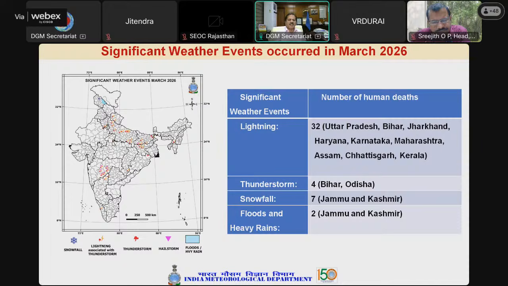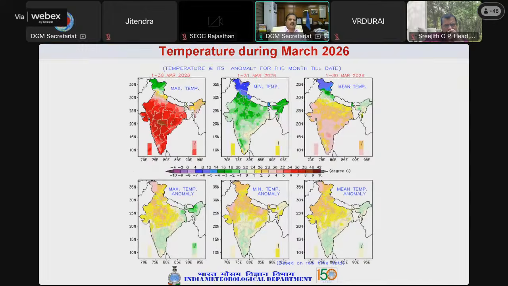And there was snowfall activity in Jammu and Kashmir and Ladakh areas, and that caused 7 deaths. And flood and heavy rainfall, again in Jammu and Kashmir, caused 2 deaths. So the total is about 43 to 45 deaths in the month.